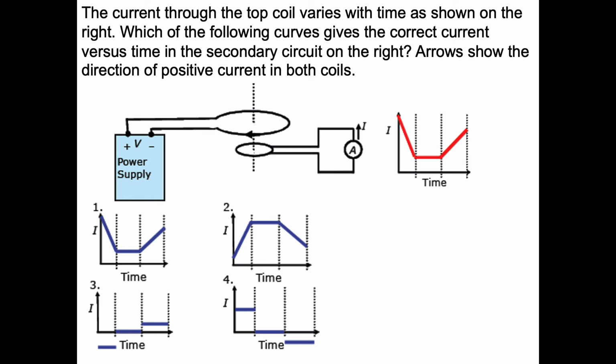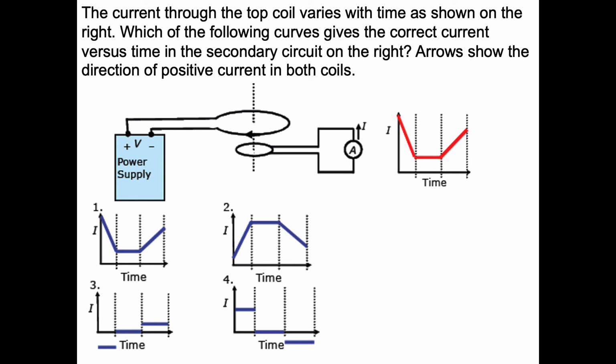So if you look from the top, the current through the bottom loop is going to be counterclockwise. Shouldn't it be clockwise? Clockwise, I'm sorry, I got it backwards. It's in the same direction as the other one. The arrow points in the same direction, right? Yes.